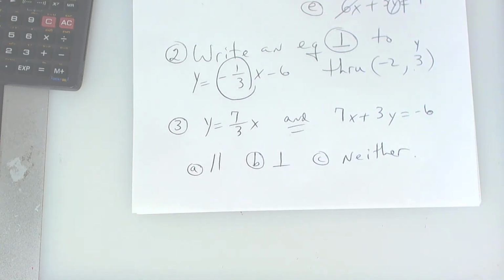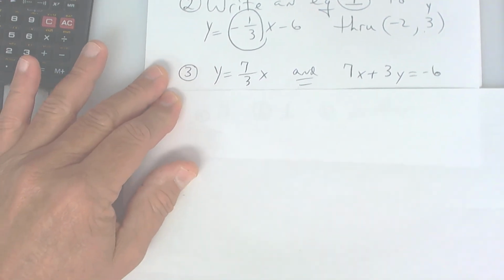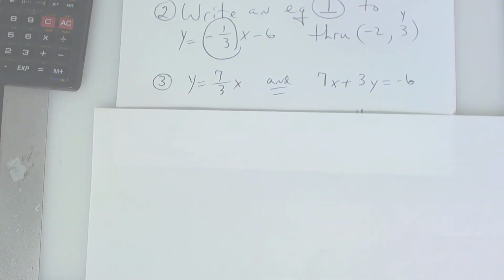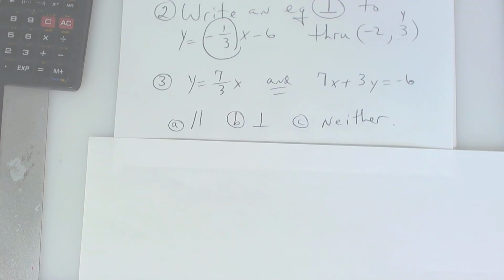Let's try another one. Copy this one down right here. Number 3. Copy that down. Number 3. What are they asking you for number 3? What do you think they're asking you?